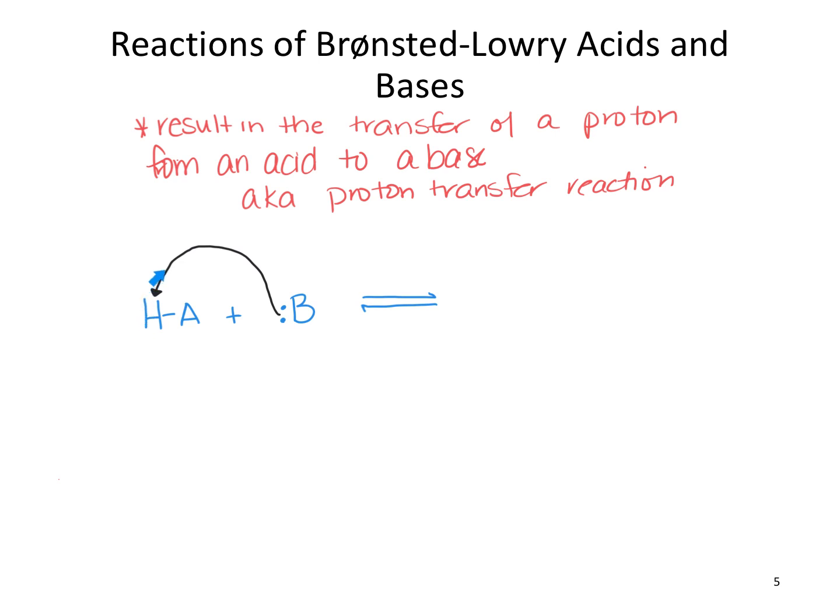Now, that base is going to pull that hydrogen back and form HB+, which is the conjugate acid. So that generic base is acting as a base and it's going to form the conjugate acid.